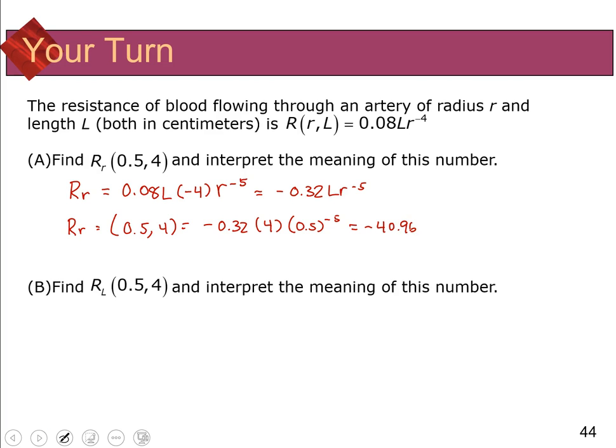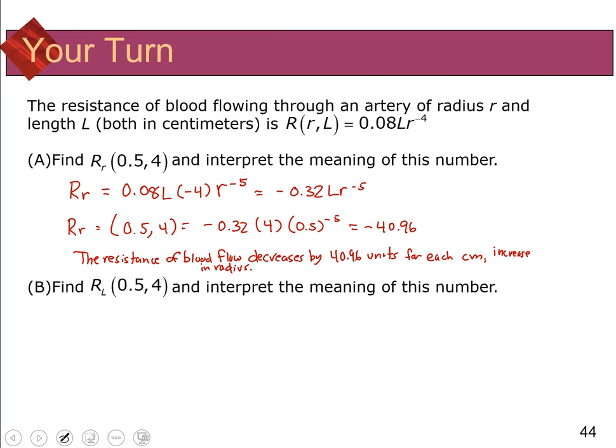So as far as interpreting the meaning, this means that the resistance of blood flow decreases by 40.96 units, whatever that might be, I'm not sure, for each centimeter increase in radius.